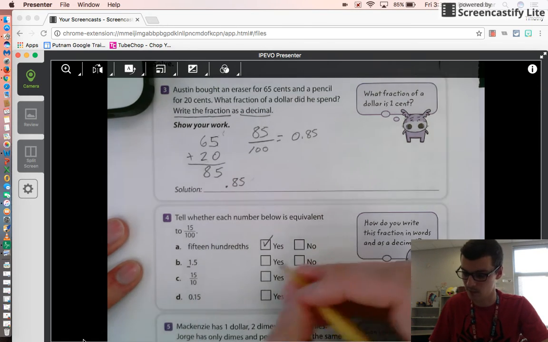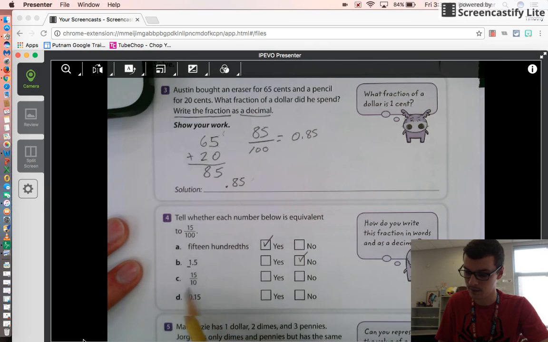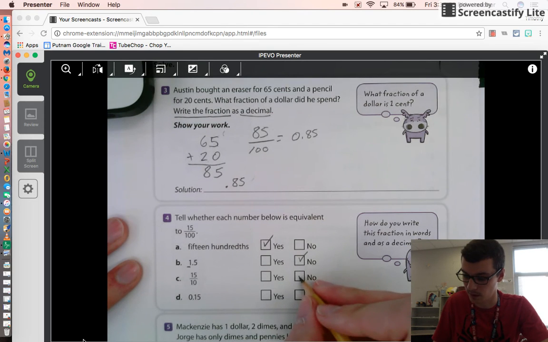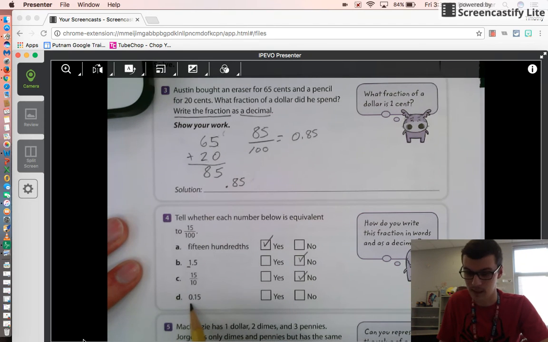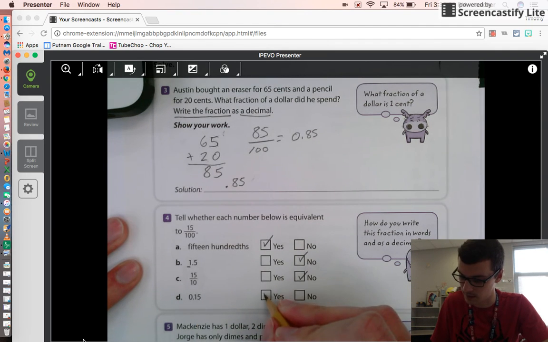So this has to be greater than that. So no. 15 over 10 is going to be, like we said earlier, an improper fraction. 15 over 100 is a proper fraction, so no. And then 15 hundredths, the 5 here is in the hundredths place, so that's pronounced 15 hundredths, which is the same as that.